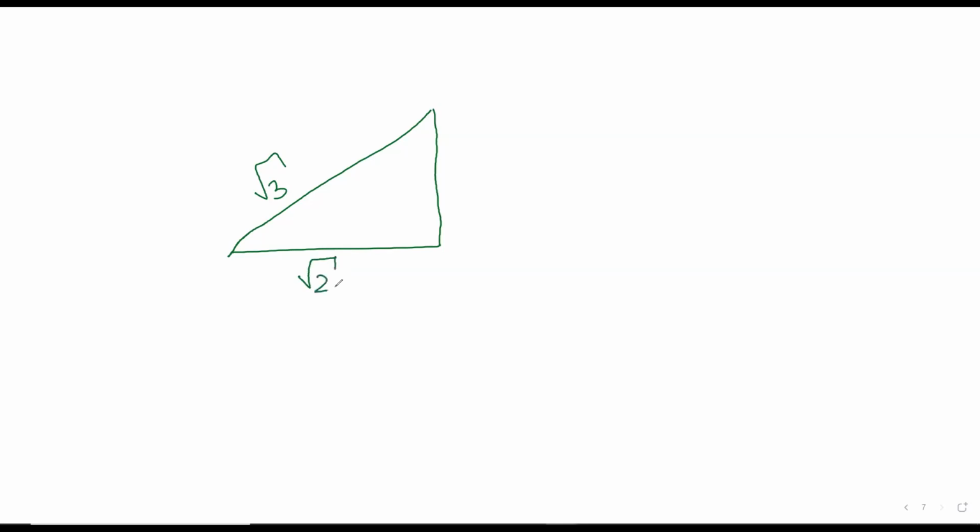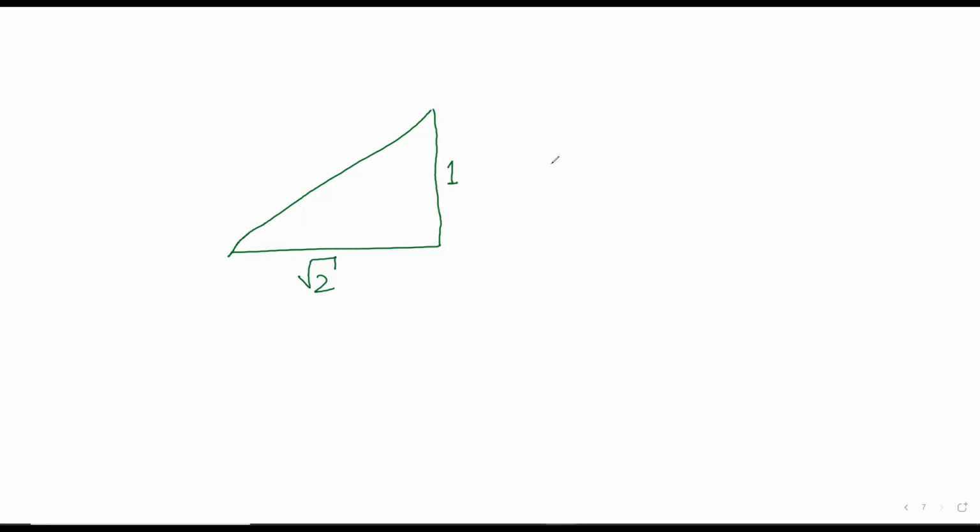If one of the sides is root 2 and one of the sides is 1, will it give you root 3? If these two are the sides, will the hypotenuse be root 3? Yes, ma'am. It's root 3.